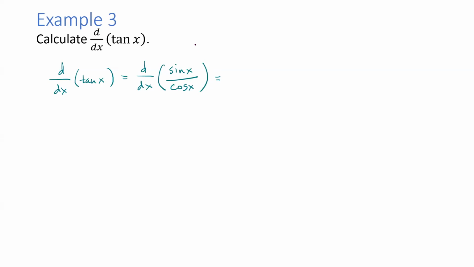So here again, we've got to do the quotient rule. Okay, so we'll take the derivative of sine x times cosine x without taking a derivative minus the derivative of cosine x times sine x without taking a derivative, all over cosine x squared.